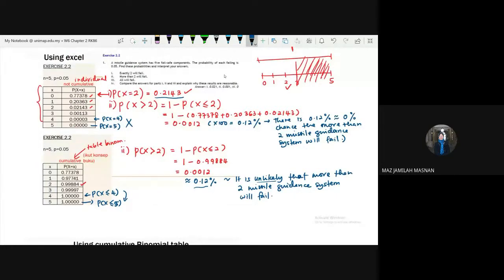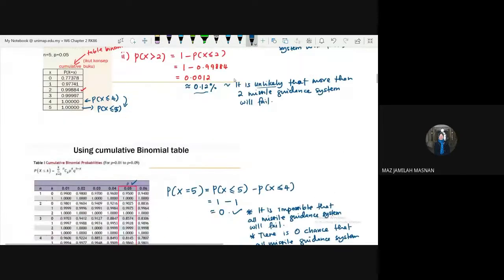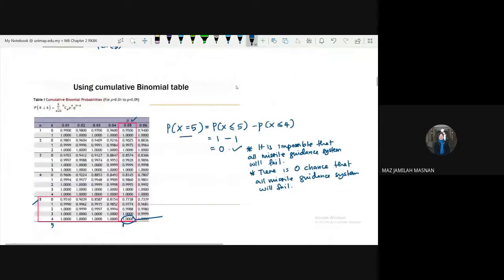So there will be 21 or 22% that exactly two missile guidance will fail. But when we say the more missile guidance fails, what happens? The probability becomes very small. And if we go to all missile guidance fails, the probability becomes 0. Can someone give maybe a conclusion, or what you can conclude from the three probability values?